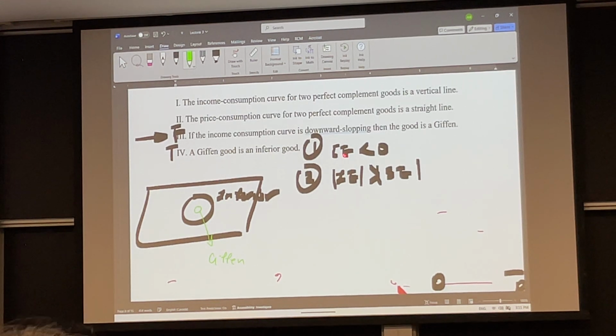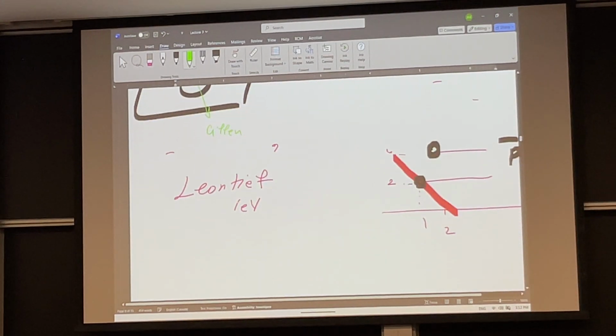Inferior goods are not really a lot, kind of minorities, but there is a considerable number of inferior goods. Given is actually a tiny, tiny part of it. So this condition is very hard to satisfy. The income effect most often is not stronger than substitution. Make sense?